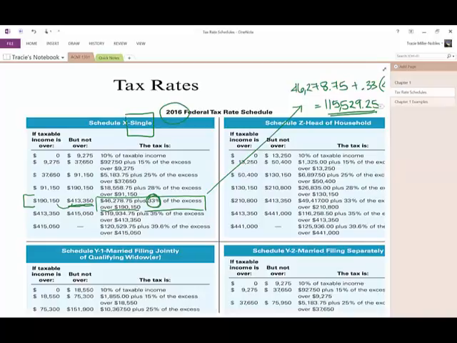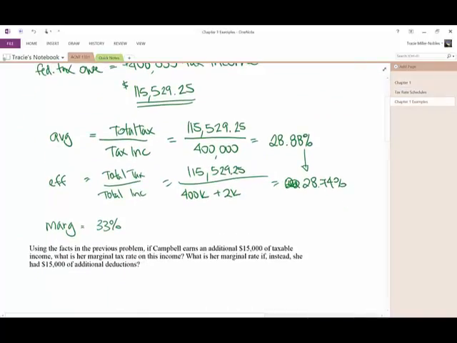So when we think about this, her marginal rate is 33%, and that will be up to an additional $13,350. I got $13,350 because $413,350 is the maximum taxable income for that bracket.